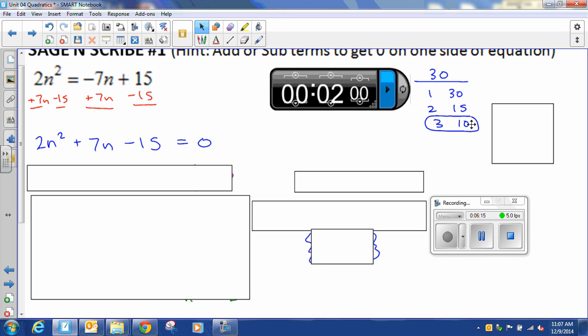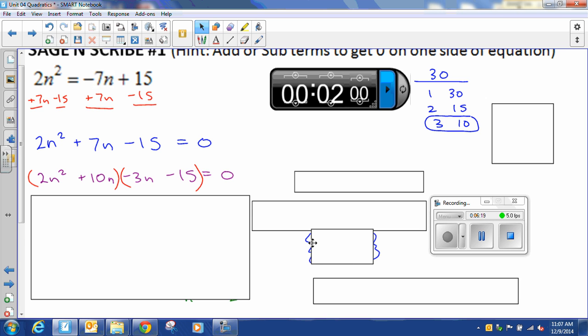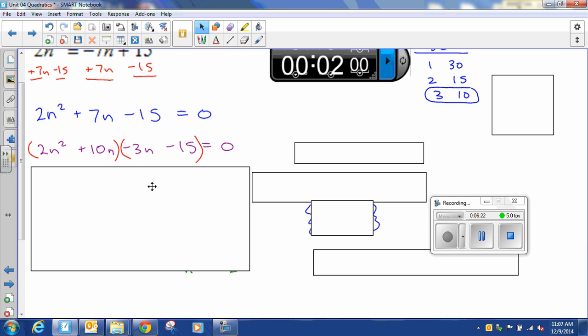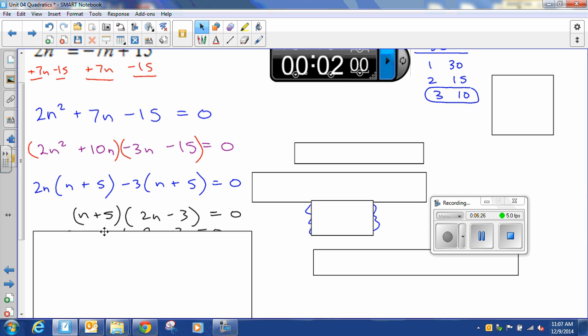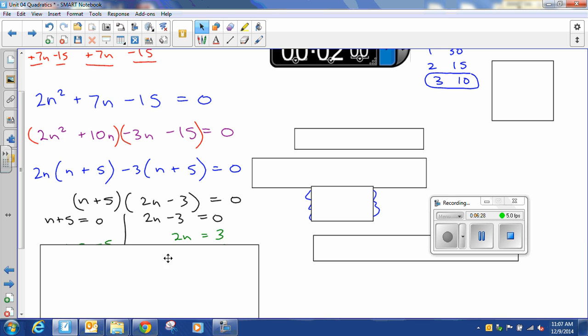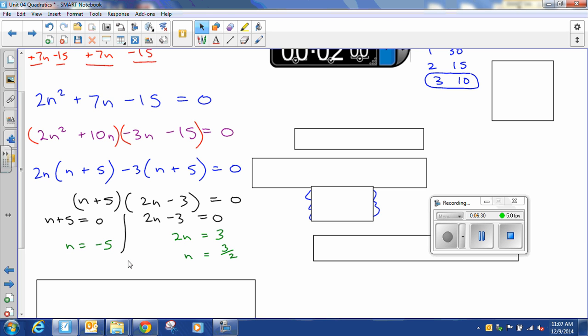I'm going to use 3 and 10 because 10 minus 3 is 7. So we have split the middle term, and let's factor by grouping. n plus 5 times 2n minus 3. Set each one equal to 0, and our final solution set is -5, 3/2.